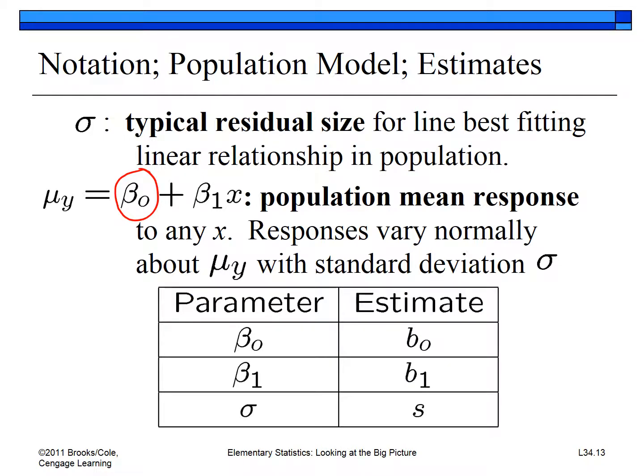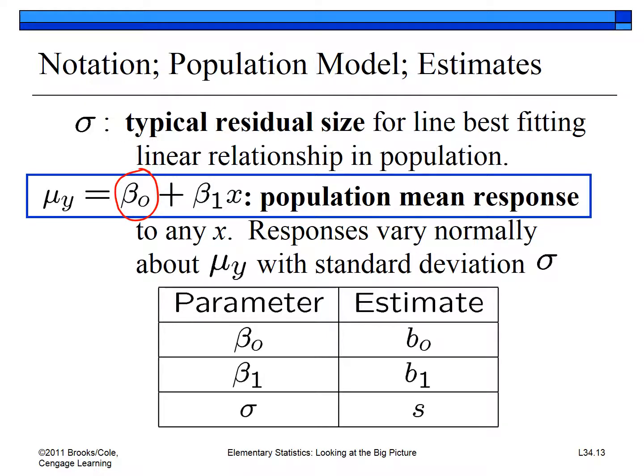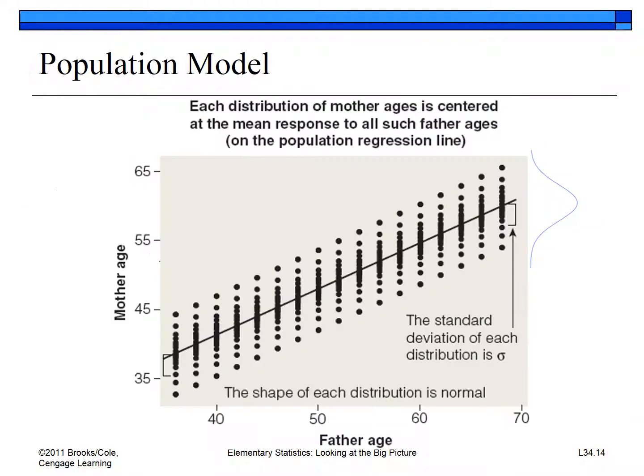This table shows you how to draw the comparison between symbols we use for parameters, that is for the population, and symbols for the estimates, that is in our sample. So the thing to remember is that for any given x value, so let's say an x value of 55, that'll be right about here, we can go up to our line and we get a distribution of possible y values.